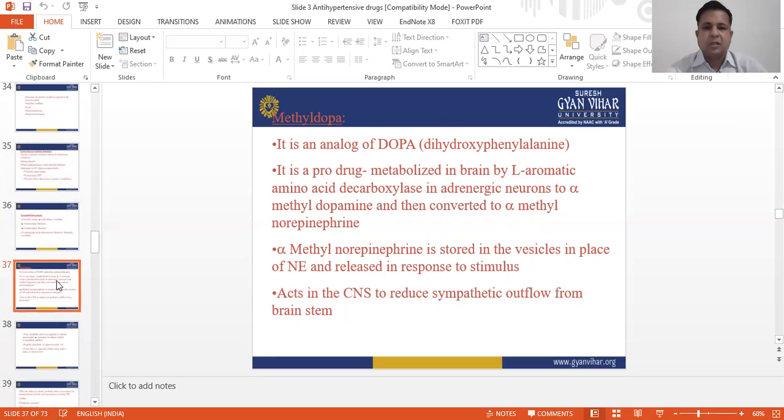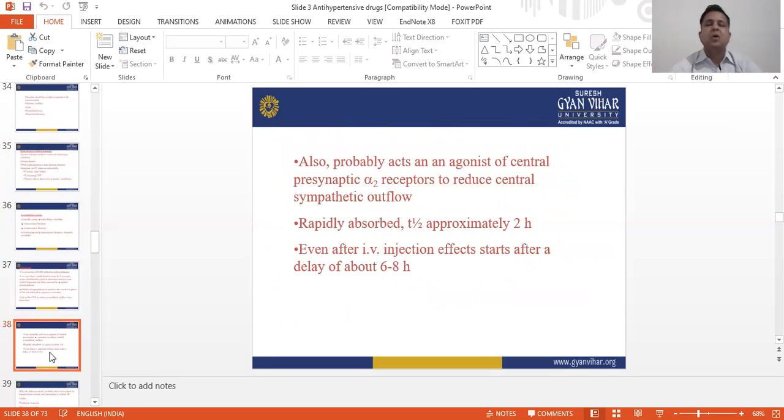It acts in the central nervous system to reduce sympathetic outflow from the brain stem. It also probably acts as an agonist of central presynaptic alpha-2 receptors to reduce central sympathetic outflow.